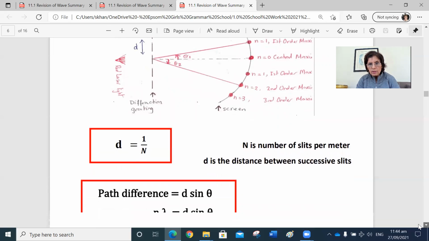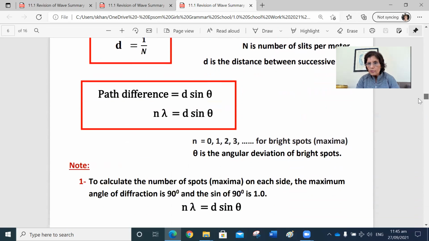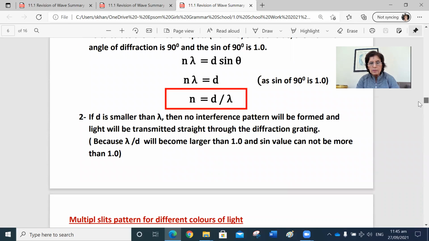So if the question asks how many dots or spots, or how many maxima will be seen, then we use sine theta as sine of 90 degrees, which is 1. And then n will be d over lambda. So that's how we can calculate how many spectra can be seen. n will give you the number of spectra.